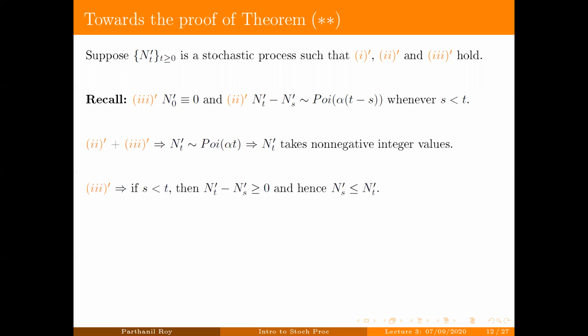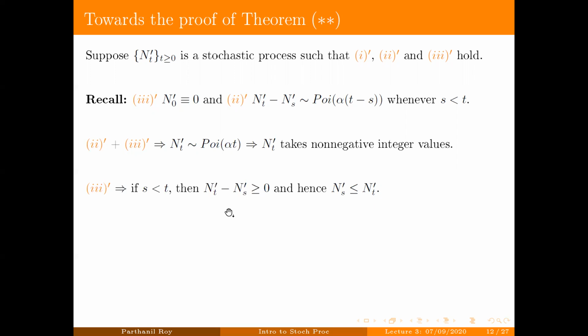Also, whenever s and t are two non-negative reals such that s is strictly less than t, N'(t) minus N'(s) is a Poisson random variable by 2', and Poisson always takes non-negative integer values, but in particular is non-negative. Therefore, N'(s) is always going to be less than or equal to N'(t).